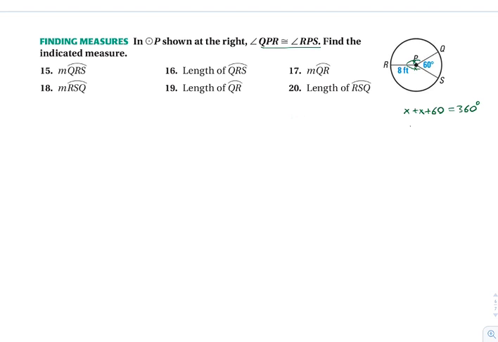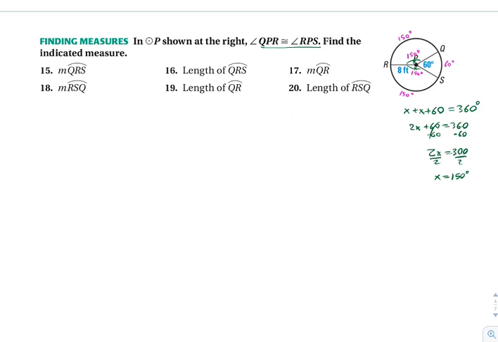So I'm going to just use some algebra. 2x plus 60 is 360, so 2x is 360 minus 60, which is 300 degrees left over. Dividing by two equal angles, each of those angles has to be 150 degrees. So I'll just write that in really quick. This one's 150 degrees, and this one's 150. Now, of course, since those are central angles, that's the same as the arc measure, not the arc length.